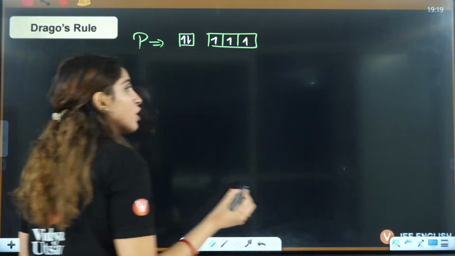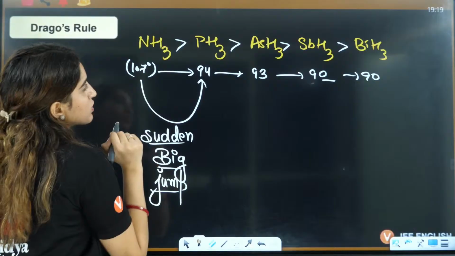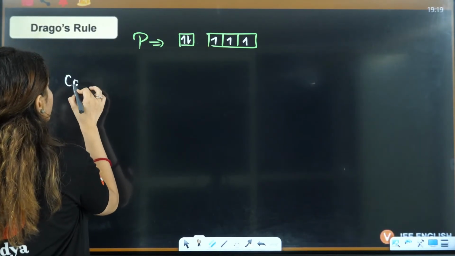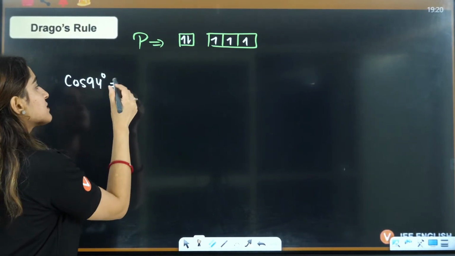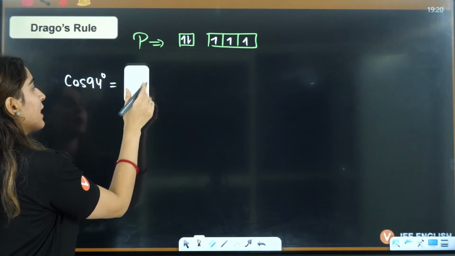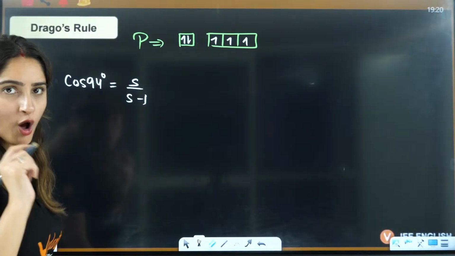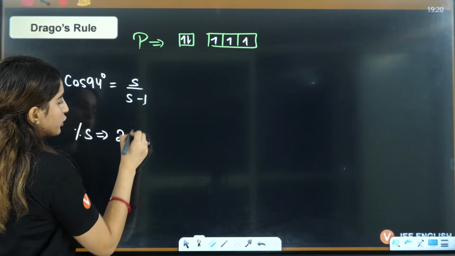What we have observed is that the angle here comes out to be 94. That means cos 94 degrees equals s by s minus 1. When you solve this, the percentage s character comes out to be 2%.